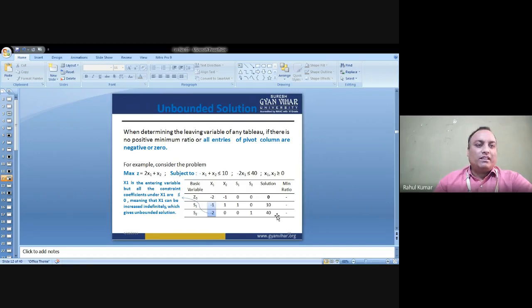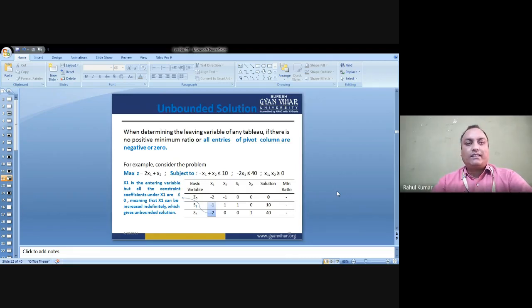So here x1 is the entering variable, but all the constraint coefficients under x1 are less than or equal to 0, meaning that x1 can be increased indefinitely, which gives an unbounded solution, right?